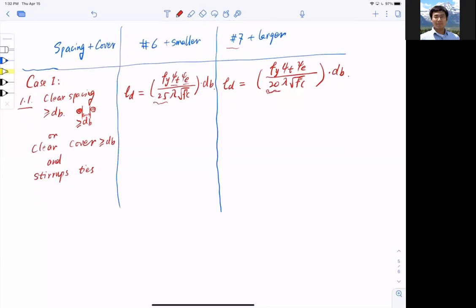Now, actually case 1.1. Also, there's a case 1.2. Sorry about that, the color is messed up. Case 1.2 says clear spacing is greater than or equal to 2 dB, 2 times the bar diameter, or clear cover is bigger than 2 dB, more concrete protection.